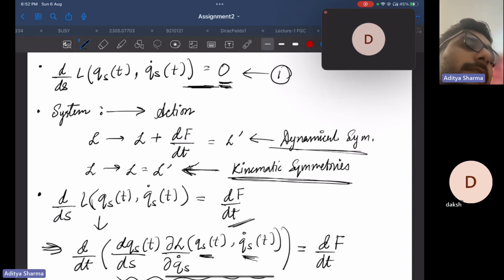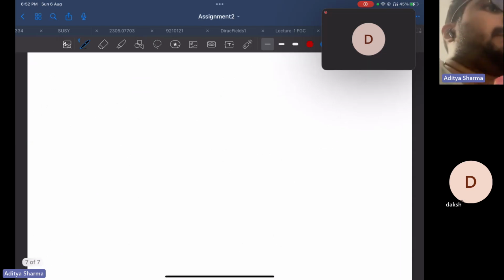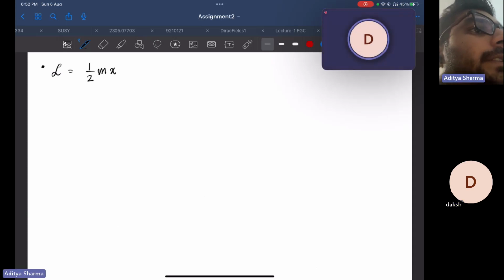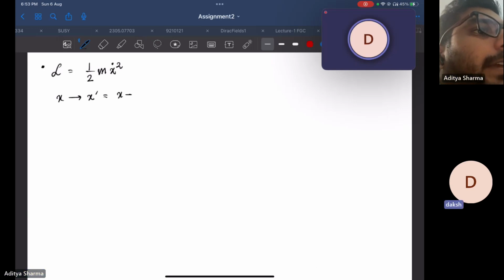So let us explain this properly. Let us take the easiest example we have, the free particle. I'll try to explain what I mean. The Lagrangian is half m x dot squared. What I want you to do is this transformation: x goes to some new x prime, which is equal to x plus a.